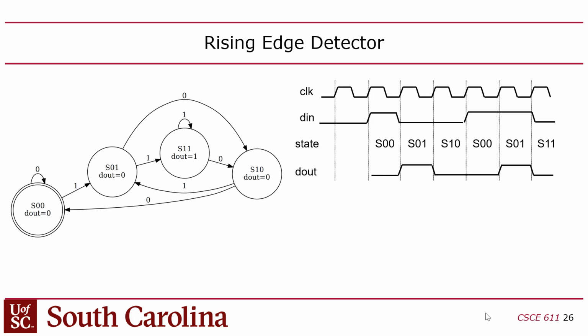Now, the thing about this, though, is keep in mind you've got that delay. So if I get a rising edge, so where's my rising edge? My rising edge is here. I got a rising edge here, and I got a rising edge here on Dn, right? So those are the two events that I'm trying to detect here, right? And so I should have a pulse on my rising edge, right?